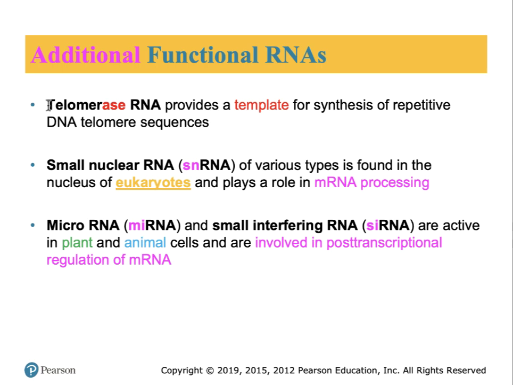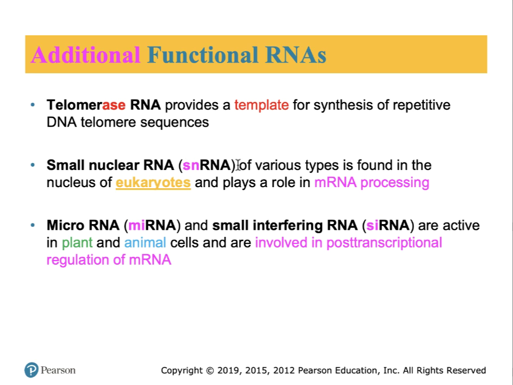So linear chromosomes, such as in humans, have to be replicated using special enzymes near the end, and those enzymes carry within them RNA. And that RNA is called telomerase RNA. So this is part of the telomerase complex. And we know from a previous chapter how that works. There are also discoveries of small nuclear RNAs, snRNAs, of various types. The category is growing as research is being performed.